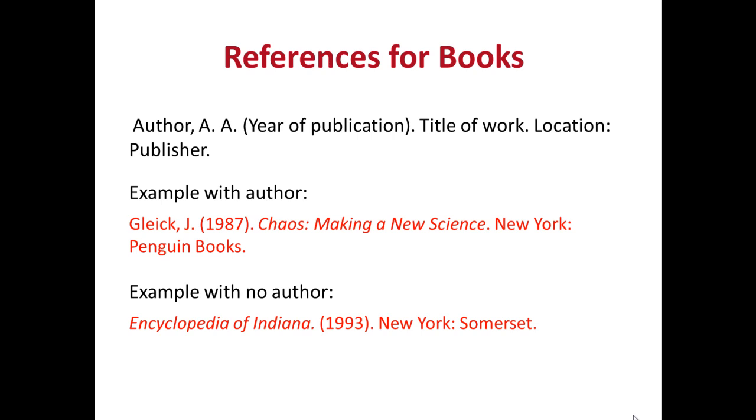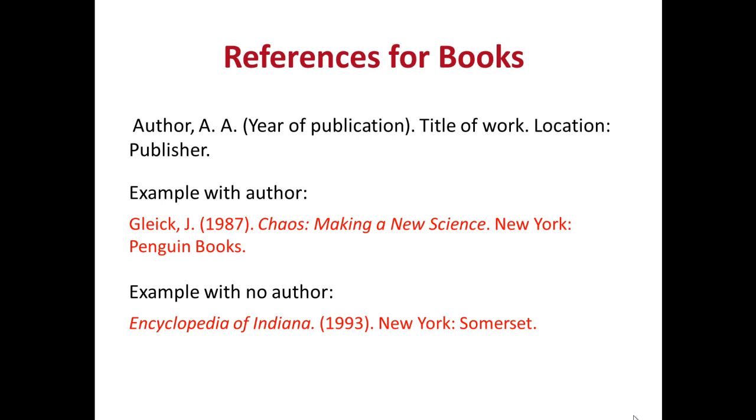References for books include the author's last name, followed by their initials and a period. The year of publication is then placed in parentheses, followed by a period. The title of the book is italicized, followed by a period. The location of the publisher, city, state, or country, followed by a colon, and the name of the publisher, followed by a period.